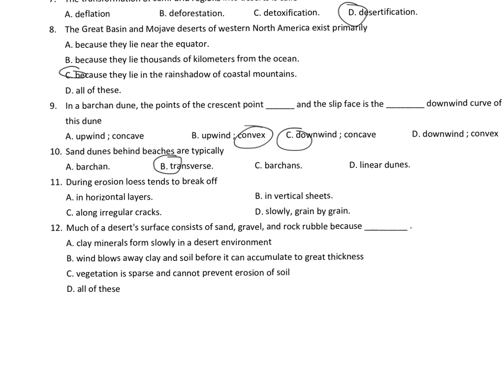All right, then much of the desert surface consists of sand, gravel, and rock rubble. This is again a good throwback to the discussion that we had on the desert landscape and pavement and all that good stuff. So that's going to be D, all of the above.